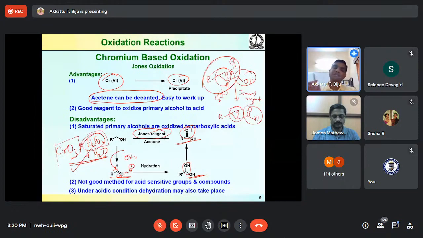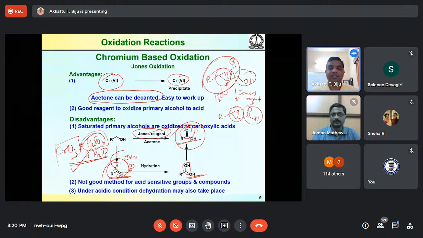So what are the disadvantages of Jones oxidation? The method is good for converting alcohol to aldehyde, but in the majority of cases, the reaction does not stop at the aldehyde. It will be further oxidized to carboxylic acid. And the method is not suitable for acid sensitive functional groups.